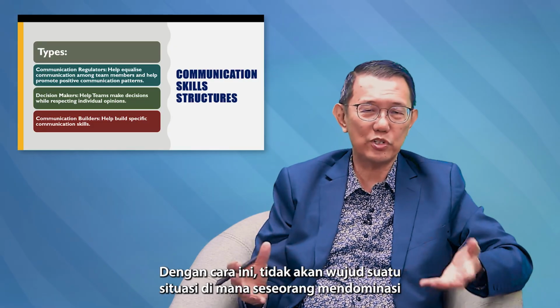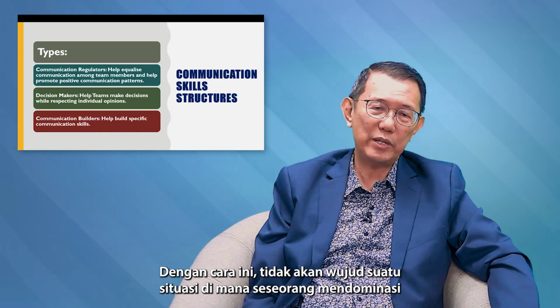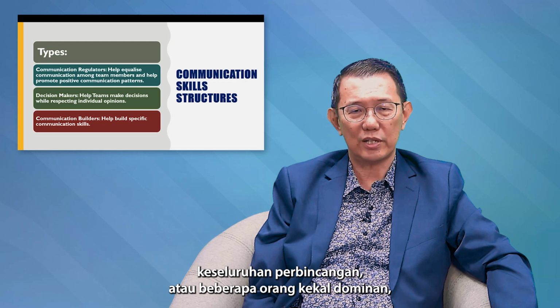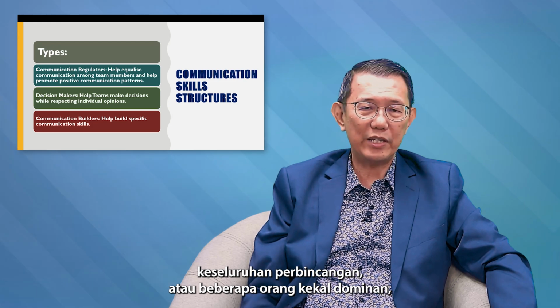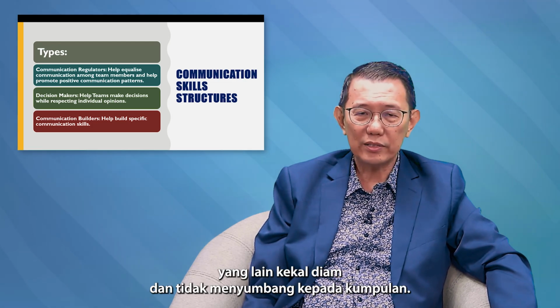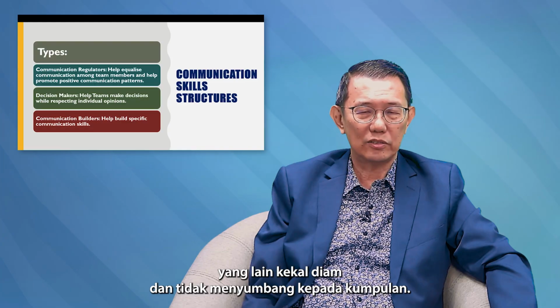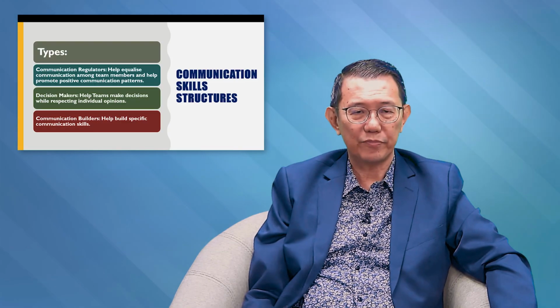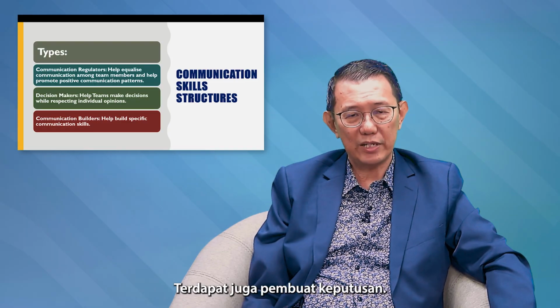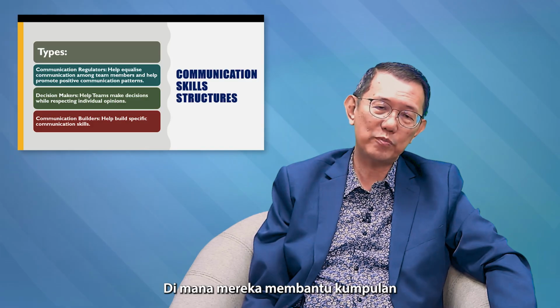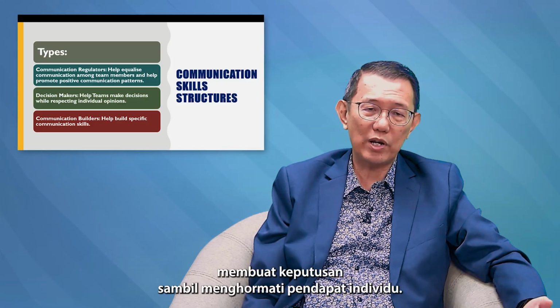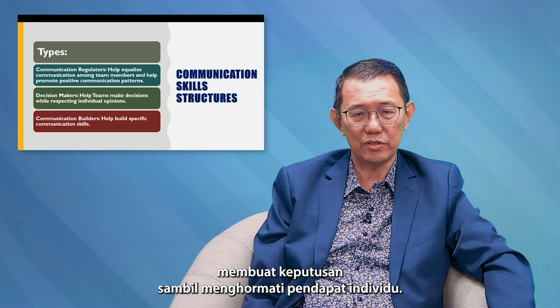So you don't have a situation whereby someone dominates the whole discussion, or some people remain dormant, quiet and non-contributing to the team. There's also decision makers, which help teams make decisions while replacing individual opinions.